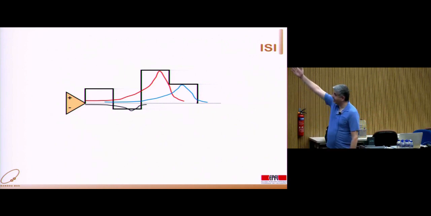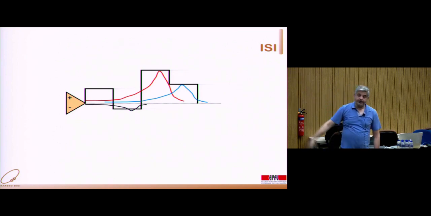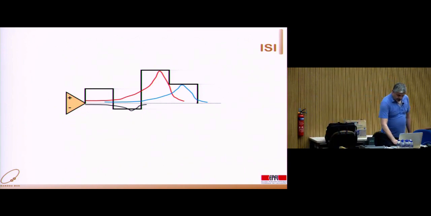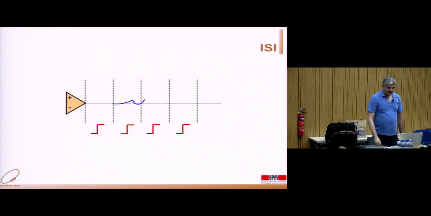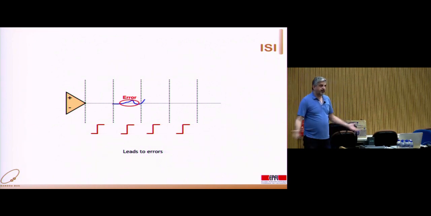So the perfectly rectangular waveform that you sent in the first instance becomes this blue curve, and the second one becomes this red curve, and so on. And now if you look at one particular point in time in which you want to sample something that's supposedly negative, because of what is still remaining on these wires, these things get added. And once they get added, you have a certain period in which something that was supposed to be negative becomes positive, and you make a mistake.